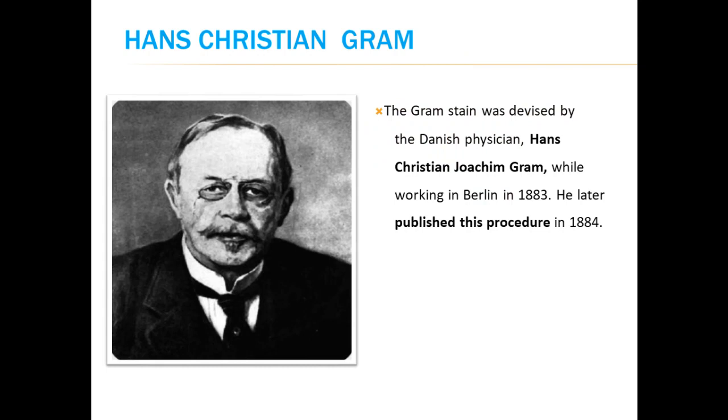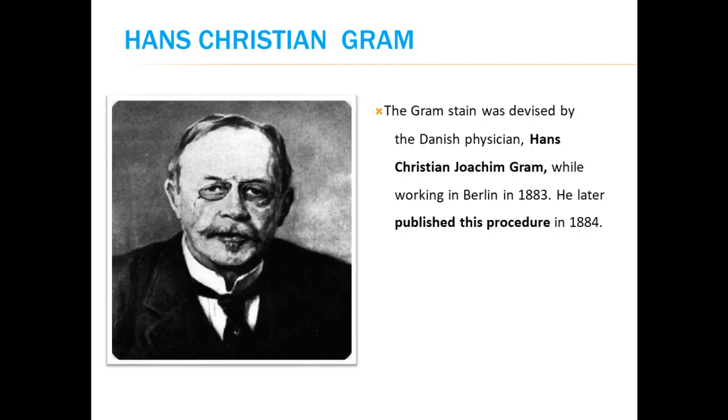This technique was given by a Danish physician, Hans Christian Gram, in the year 1883, and the procedure was published in 1884. It is named after him, the Gram staining technique.